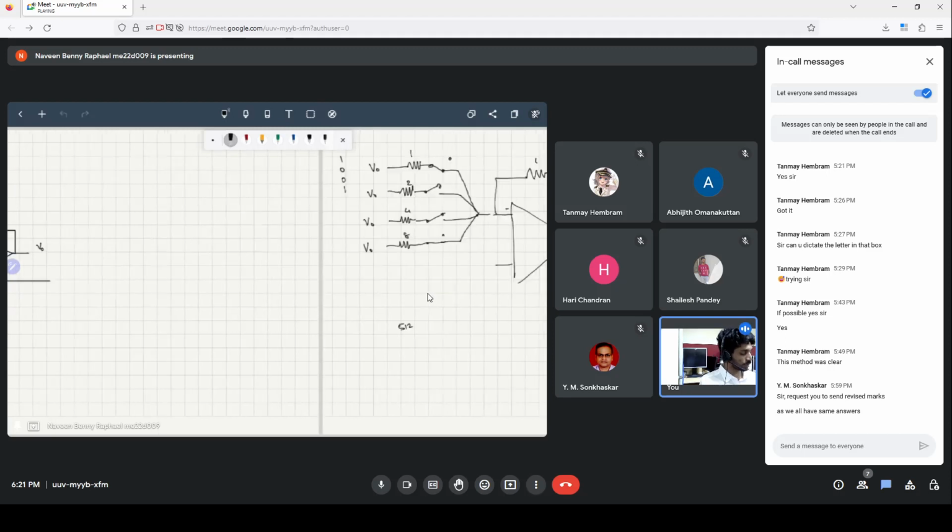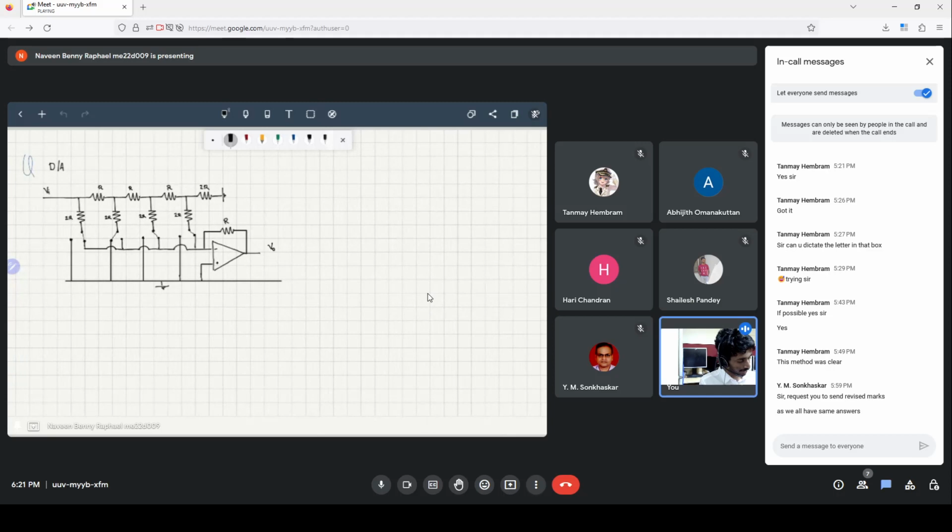Instead, the one which is most commonly used is this method, in which we only need two sets of resistors: one set of resistors of value R and another set with value 2R. We can solve for the different inputs. This one would correspond to 1011.